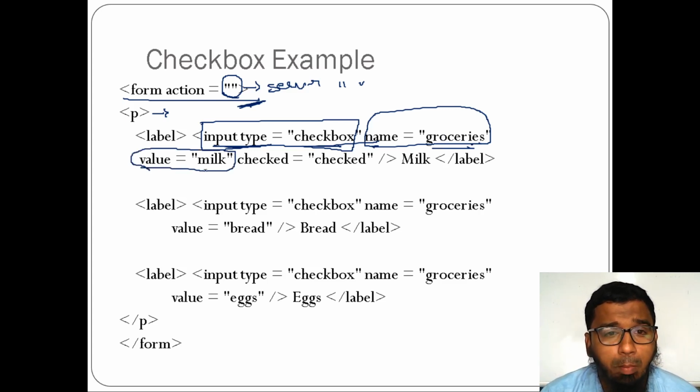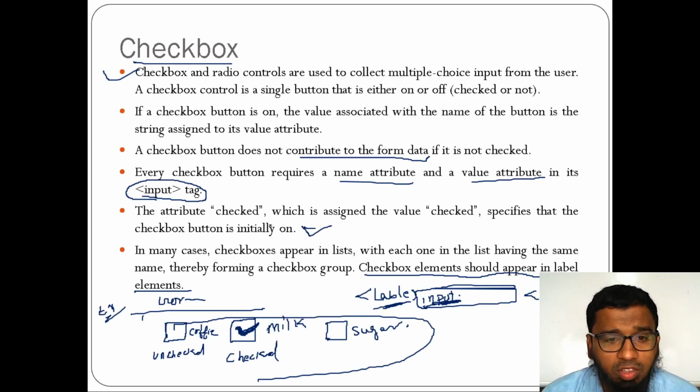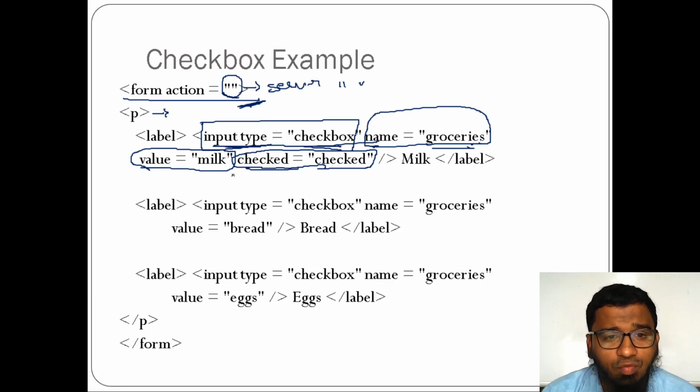Value is milk, I want milk, okay. Checked equals checked. What does this mean? As I just told you, initially it will be checked. In the same way, if you write checked equals checked, then when the form is loaded, at that time this milk button will be checked.